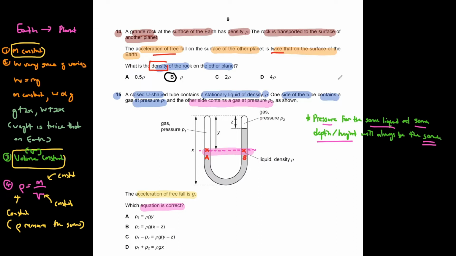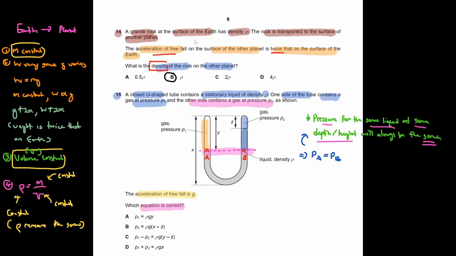I could actually say that pressure A is the same as pressure B based on the statement above. But pressure at A is caused by the pressure of the gas above it. And then pressure at B is caused by the pressure of the liquid above it plus the pressure of the gas above it.